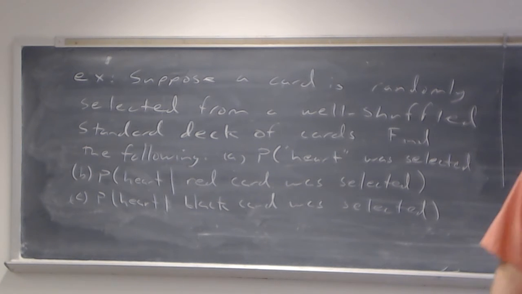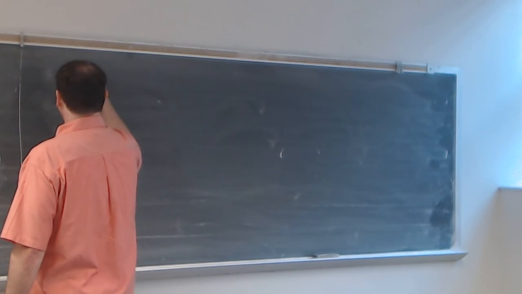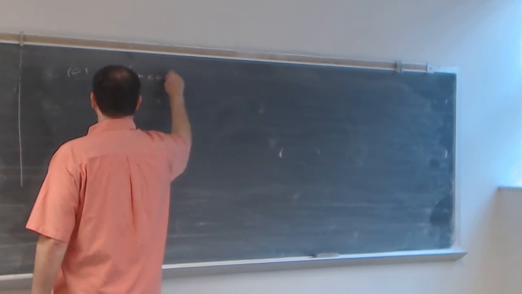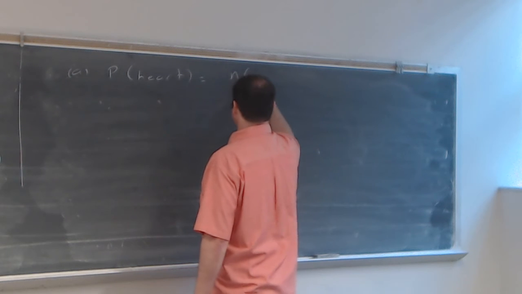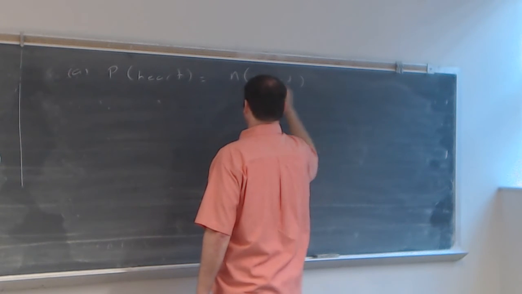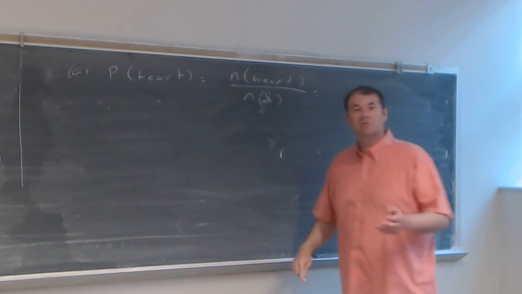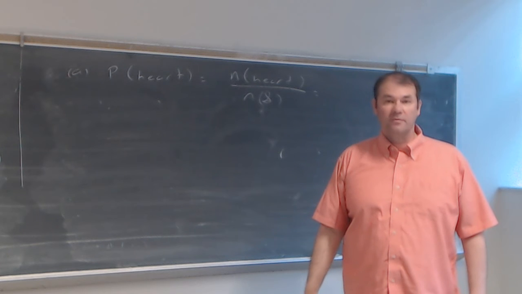The first part of this problem is not a conditional probability. It's not a given. There's no given involved. So for part A, we just want to know the probability of a heart. Well, that's equal to the number of ways a heart can be selected over the number in the sample space, if everything's equally likely, and in picking a card, it is from a standard deck that's well shuffled.